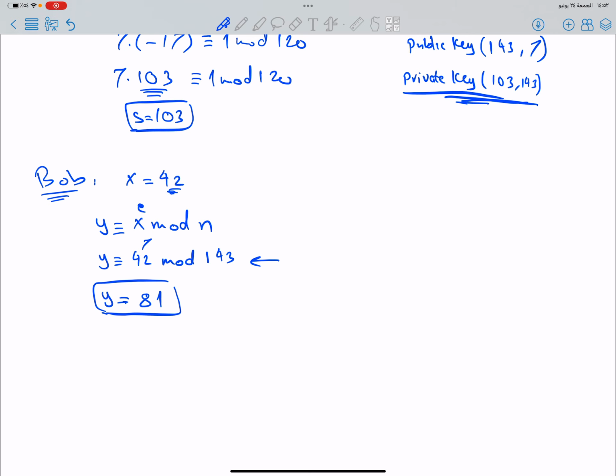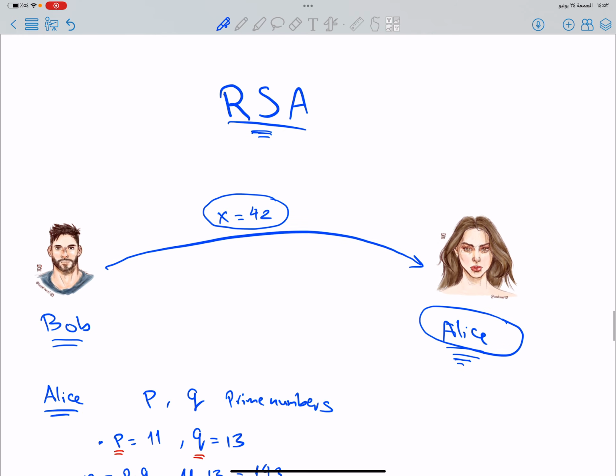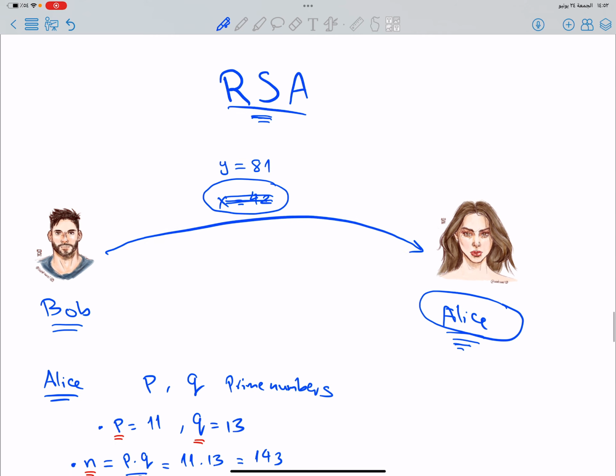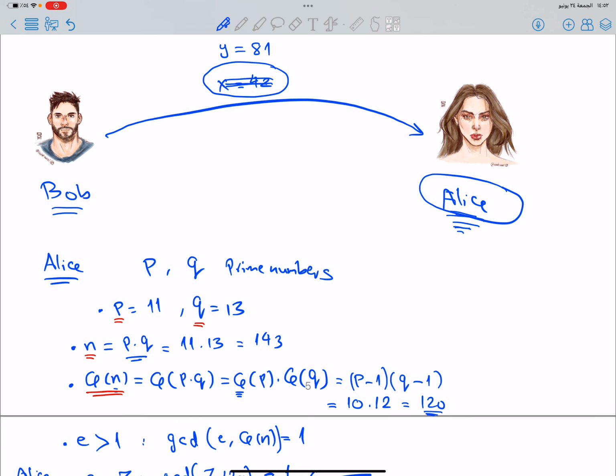We transfer X to Y, which is 81. Now Bob can send not this message, Bob can send Y, which is 81, the encrypted message, to Alice. Okay, now what should Alice do?